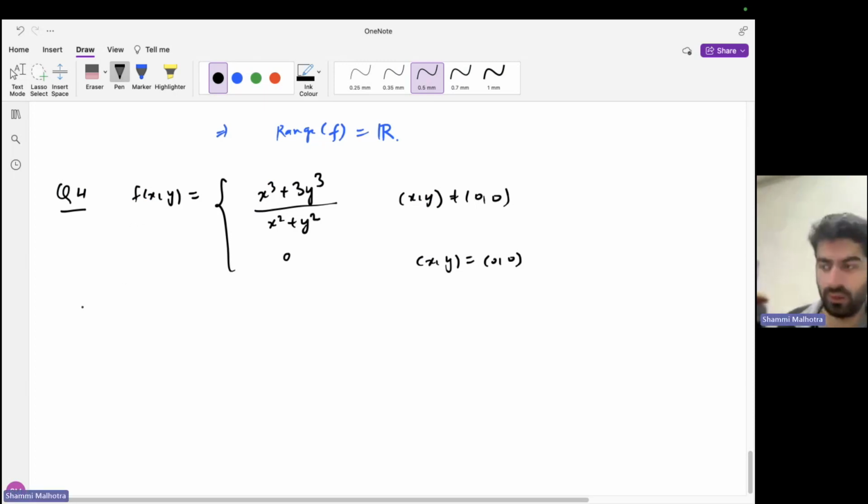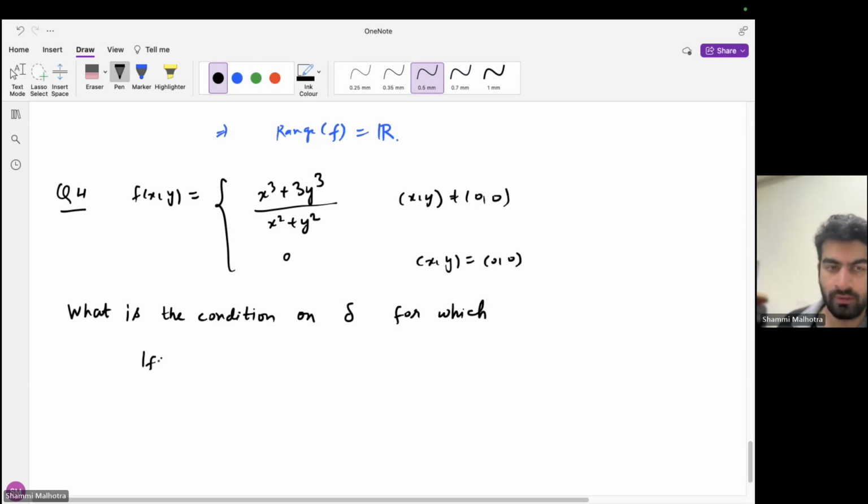So what I would like to do is find the condition on delta for which we have |f(x,y) minus f(0,0)| less than 0.1.